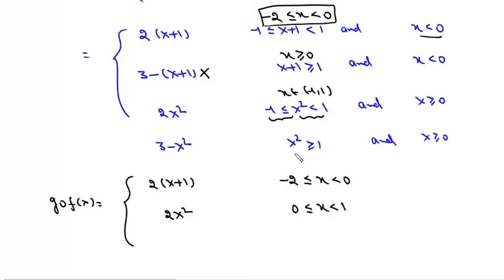And this last one is x square greater than or equal to 1. That means x is greater than or equal to 1 and x is greater than or equal to 0, so x is greater than or equal to 1. Then the definition is 3 minus x square. So this is the definition of g of f(x) using the algebraic method. This is how we find composite functions from two piecewise defined functions.